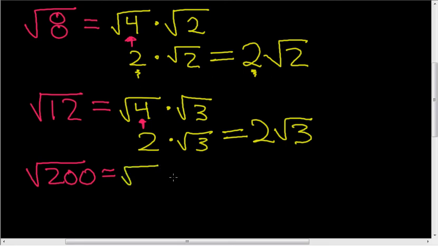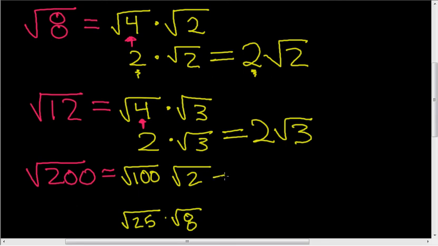I'm going to break that up into two things where I could take the square root of one of them. One way we could do this is 100 and 2. We could also break this up into 25 and 8.